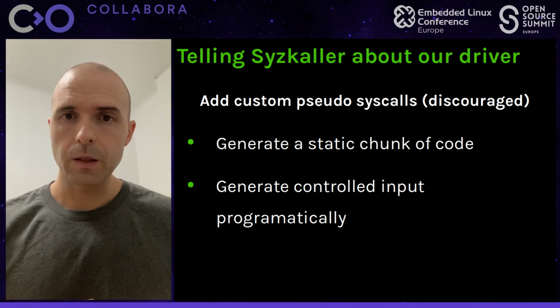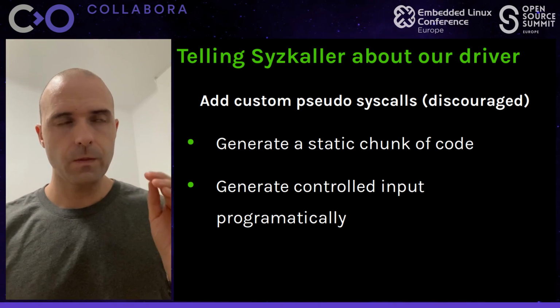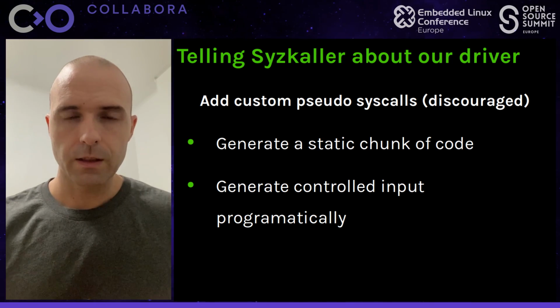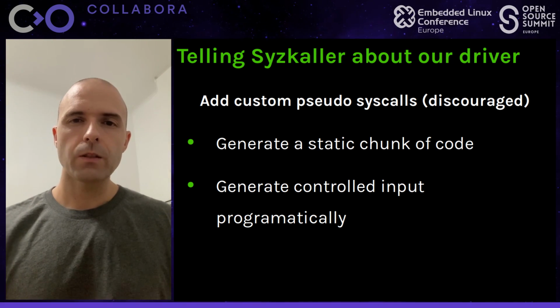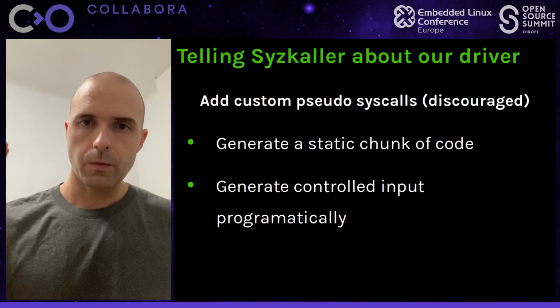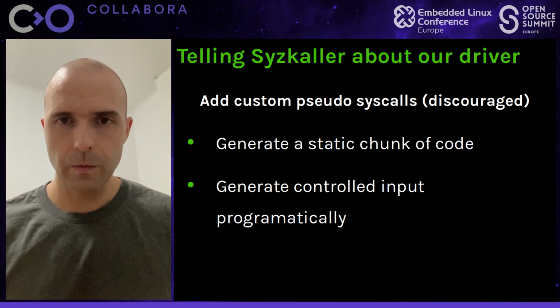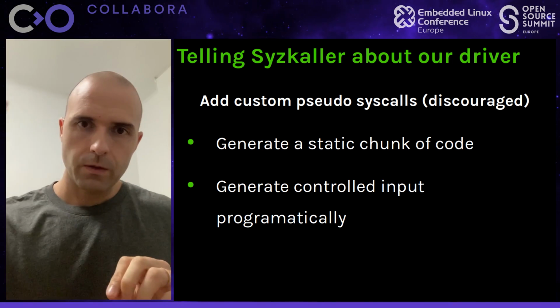A pseudo-syscall is simply a function, a block of code implemented internally in Syzkaller. So when the code generation process picks up one system call and decides to use it for a test program, it simply outputs that call.